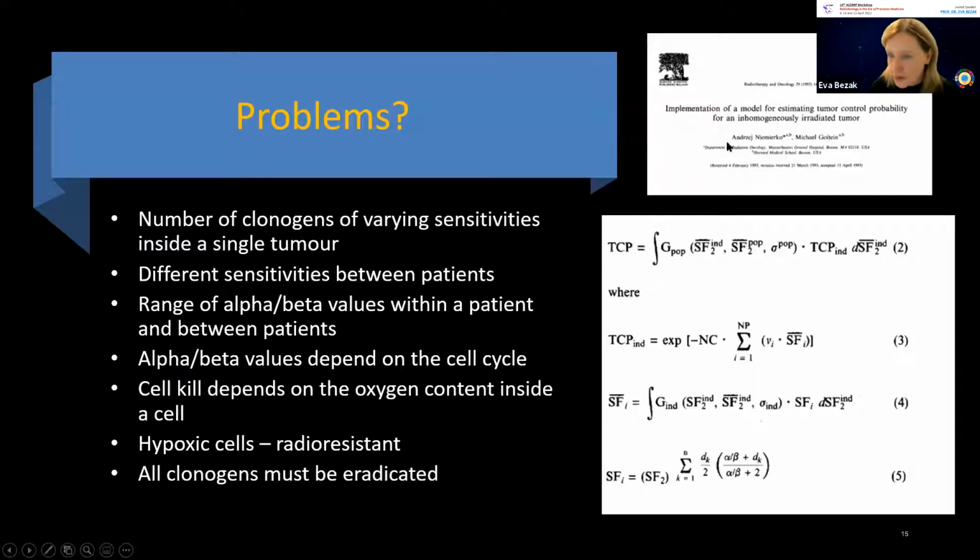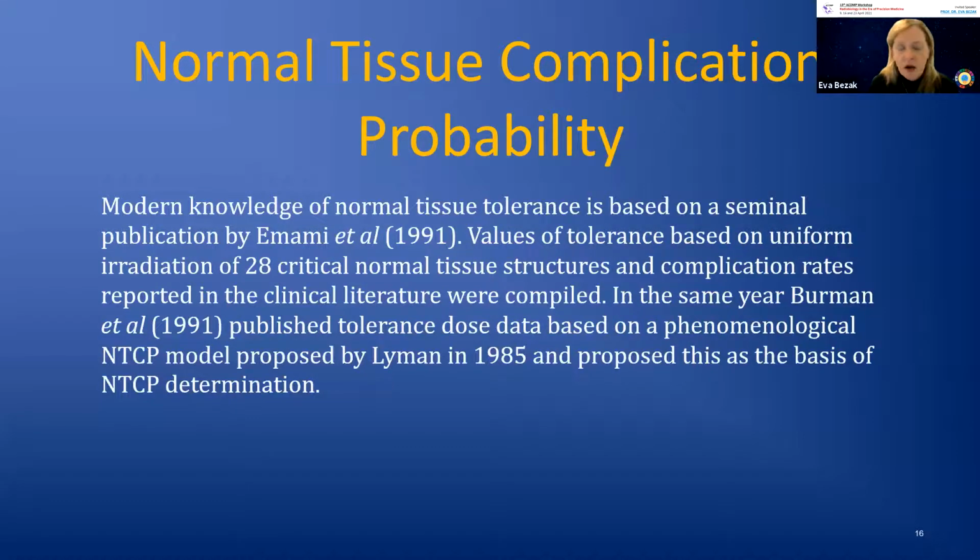Andrew Nahum and Michael Goitein are really the radiological gods when it comes to looking at tumor control probabilities for populations of patients. So I highly recommend reading that article. So we have discussed the first S-shaped curve.